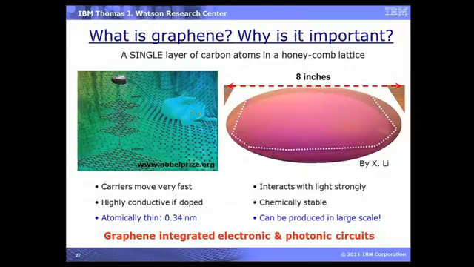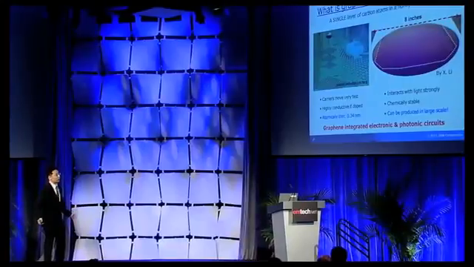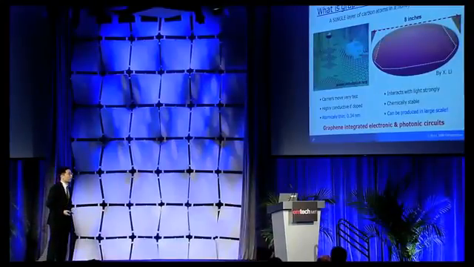The reason we are working with it is that it has lots of very impressive properties. First, the electrons in graphene can move very fast, it is very highly conductive, and it is atomically thin. For photonics, graphene also interacts with photons very strongly over a very wide wavelength range, and it is chemically stable.